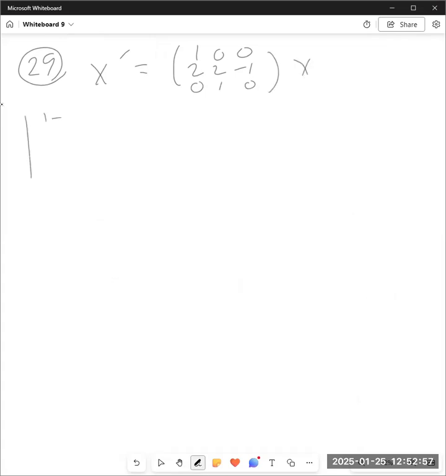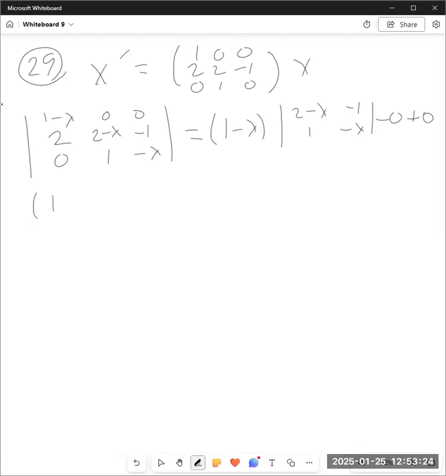So this is 1 minus lambda, 0, 0, 2, 2 minus lambda, negative 1, 0, 1, negative lambda equals 0, and I'm going to expand on row 1 here. It's the easiest to expand on because that's minus 0 and then plus 0.